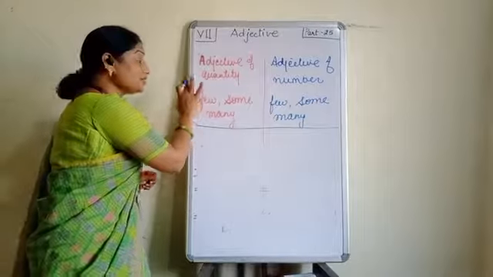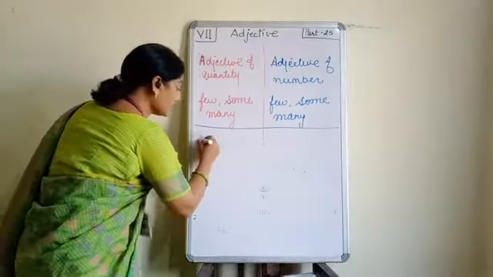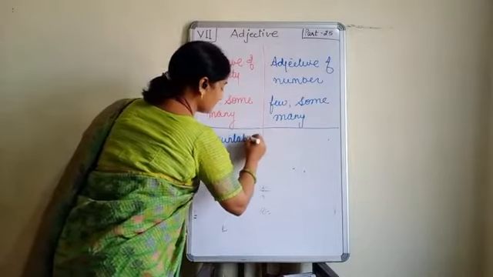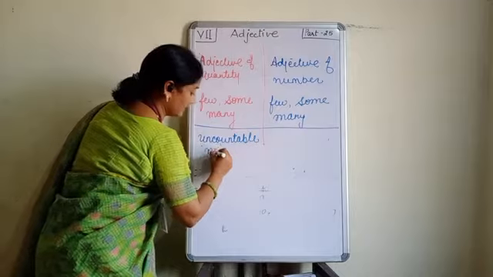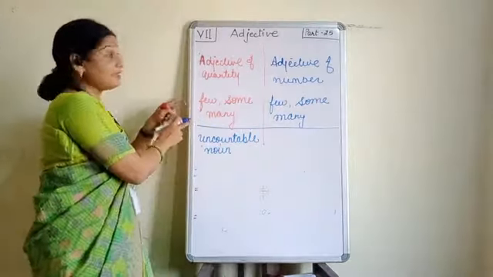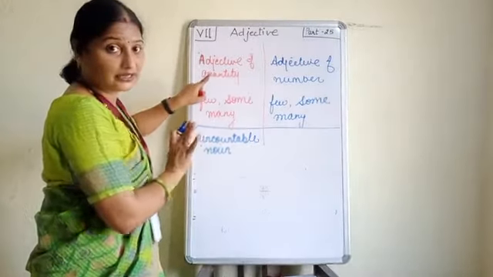So, if these words are used with uncountable noun, clear? Then these words will be known as adjective of quantity. Understood?